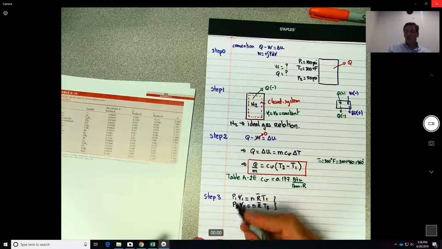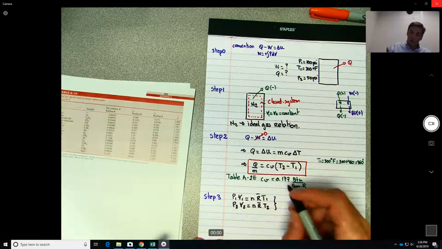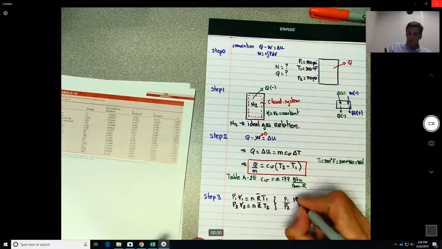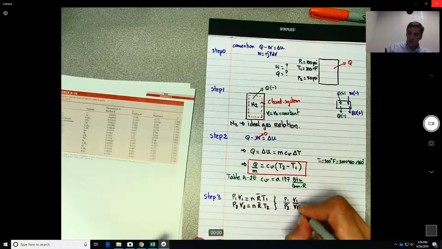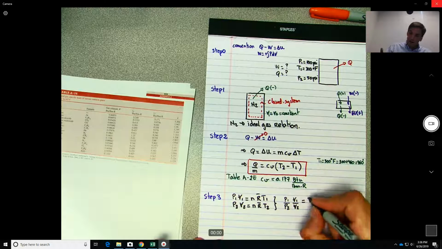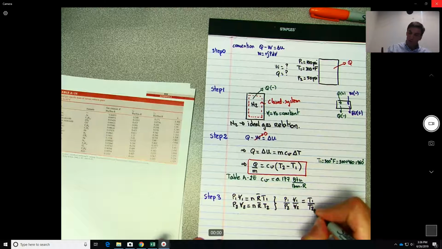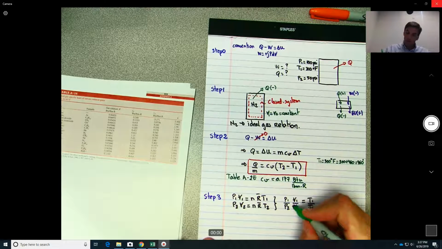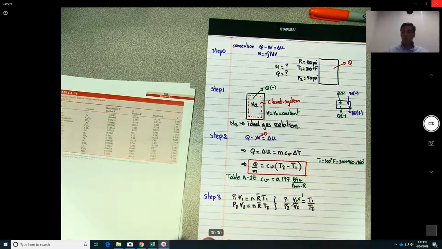If you divide the top one by the lower one, you will have P1 over P2 times V1 over V2 equal to T1 over T2. Now we are dealing with a closed system, so V1 equals V2, and this ratio will be equal to 1.